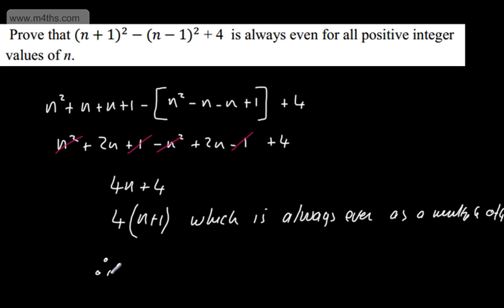So therefore, just concluding my statement, I'm going to write the question back. You could write that as 2 lots of (2n + 2) if you wanted, which we know anything multiplied by 2 is always even. I prefer that particular approach, as we know 4 times anything will always be even.